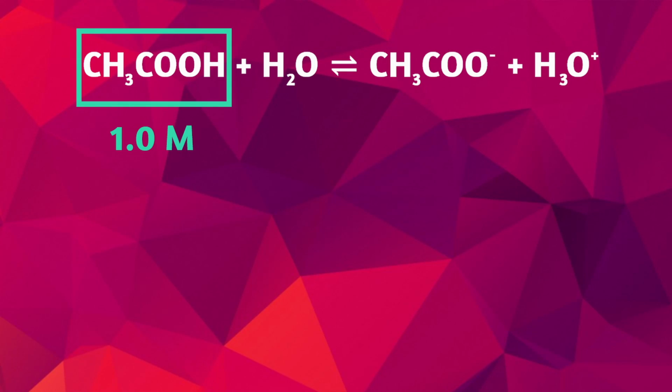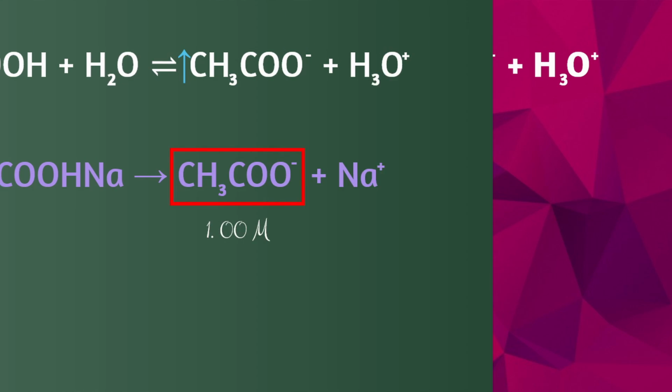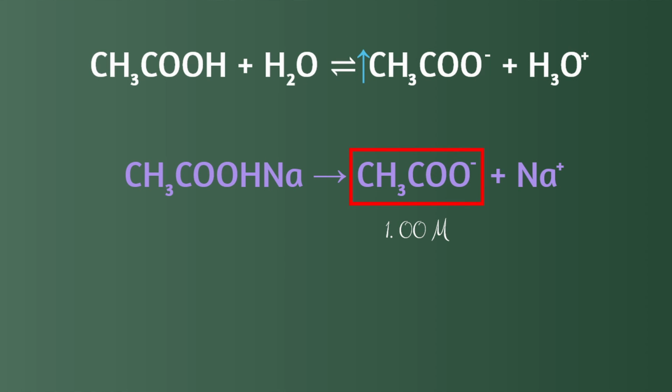Now, say in this reaction we have 1 molar of acetic acid. To make a buffer, we need to add its conjugate base, say by adding sodium acetate to it, because it dissociates completely, making tons of acetate ions.